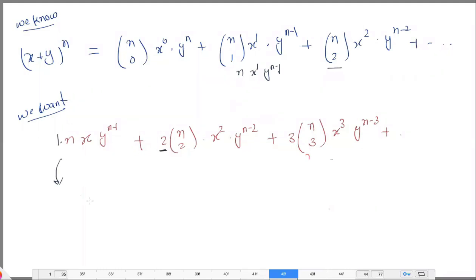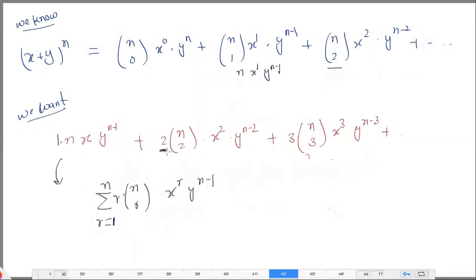Maybe the compact form will be, from r equal to 1 to n, nCr into x power r, y power n minus r, into r, right?